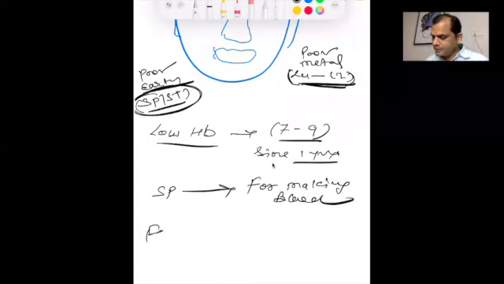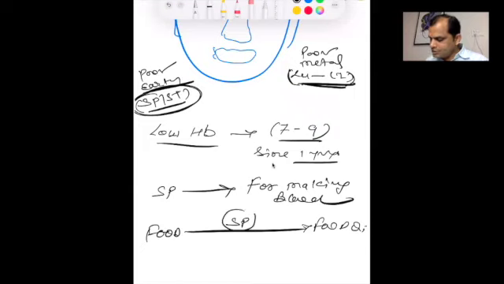Whatever food we eat is converted into food chi via the spleen. So the spleen is the first organ connected with anemia. So my point was clear: maybe she is having a spleen problem.